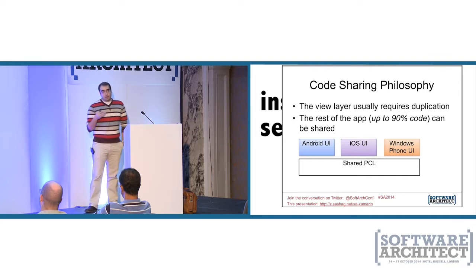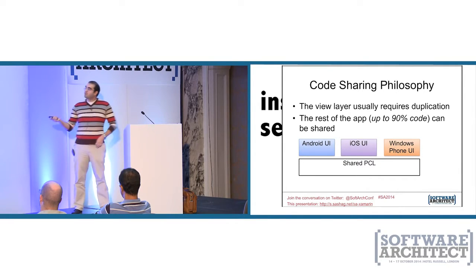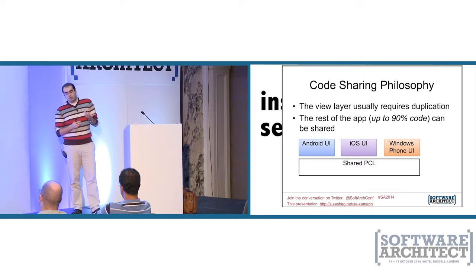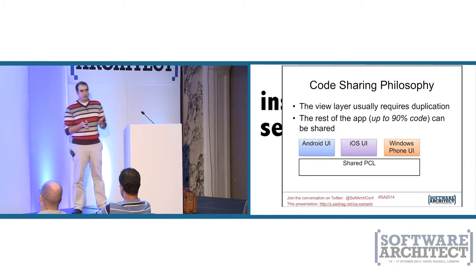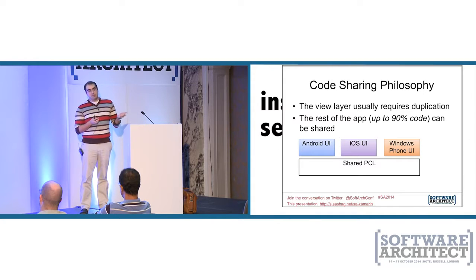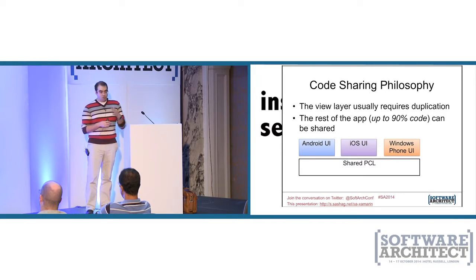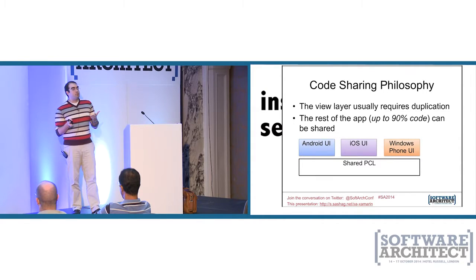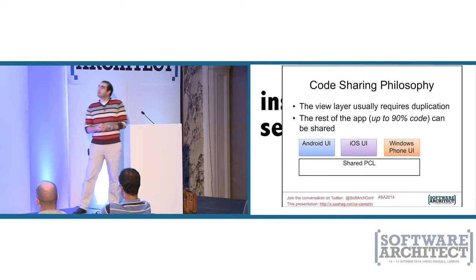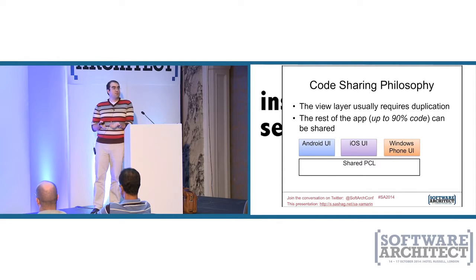And there is another area which would probably require duplication for each platform. The shared PCL layer doesn't give you all the APIs you could expect. For example, you noticed there was a NuGet package which is cross-platform for HTTP and for JSON serialization and parsing, but there isn't a shared portable NuGet package for accessing location on the different platforms. So suppose you need to access the user's location on iOS, on Android, on Windows Phone.